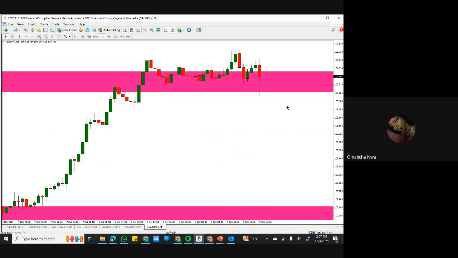That's why they call it a psychological level. Now, technically on the chart, at a resistance point, if price does not break above that resistance, it is the best time to sell. If price is not able to break above here and continue up, it is a great time for you to click your sell. And before you click that sell, you now have to check, where am I going to start selling from?